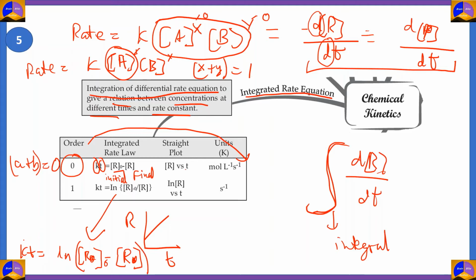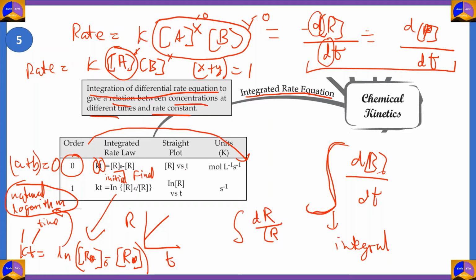Let's look at the quantities here. k is the rate constant, t is the time taken, and ln is known as the natural logarithm. This is a mathematical operator which is formed when we integrate the inverse of the concentration.